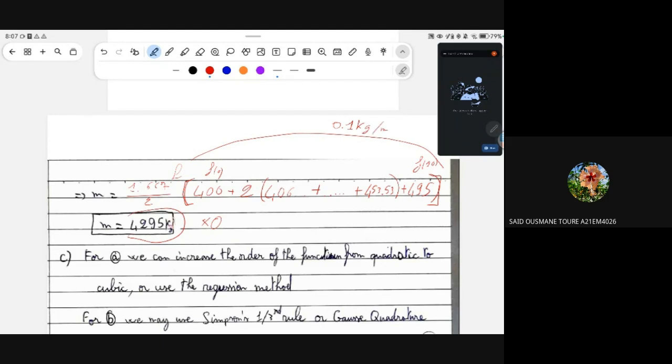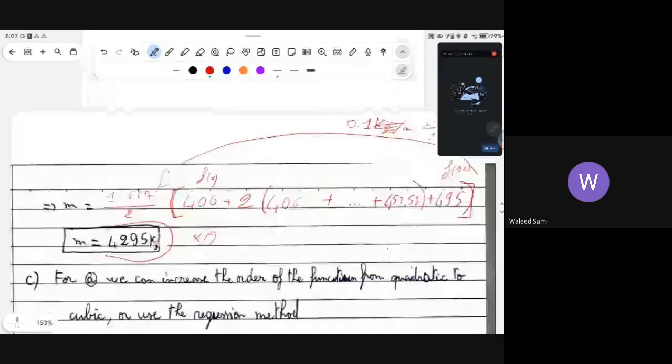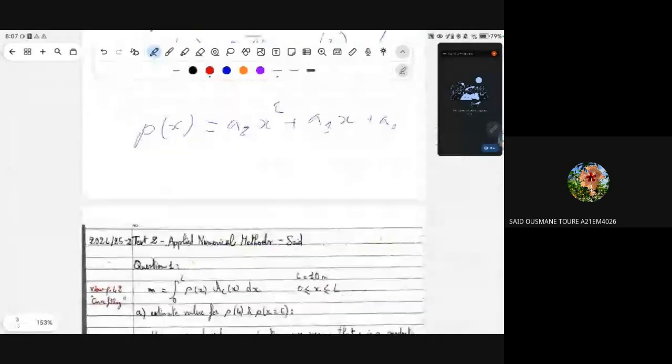It's really 0.1 kilogram per meter, because to get kilogram per meter, it's 10 to the power of minus 3 over 10 to the power of minus 2. You guys remember, right? Understand or not? Let me show it here.